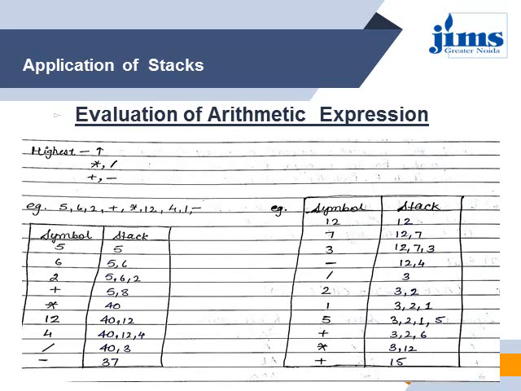Before moving to the actual example, I just want to share one piece of information: there are different operators and operands in an arithmetic expression, as we all know. When we apply stacks to evaluate any particular arithmetic expression, we keep one thing in mind: the priorities of the operators.